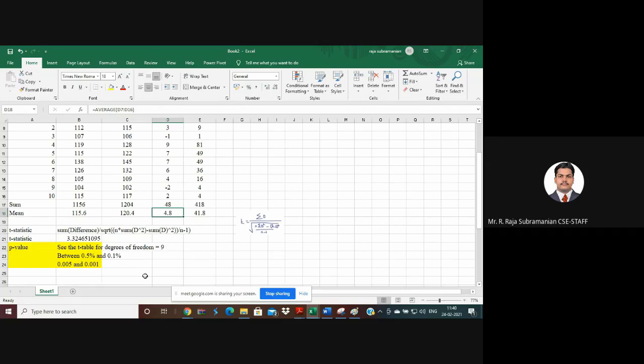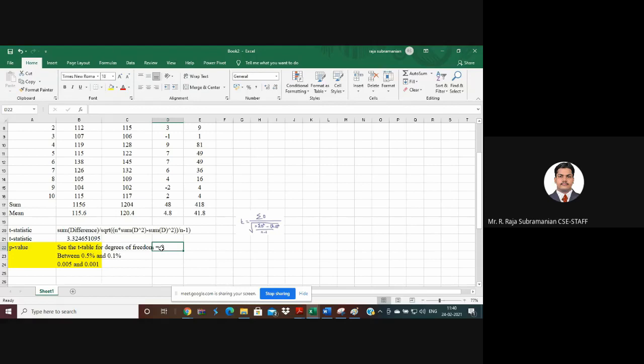Because my p value says that if it is going to change, my statistic is going to be at 0.005 significant level. I say it is going to change because that much confidence I'm saying. 0.005 says that my confidence is around 99.5 percentage. I hope that much confidence level I'm saying that it will have a 4.8 value change, right?